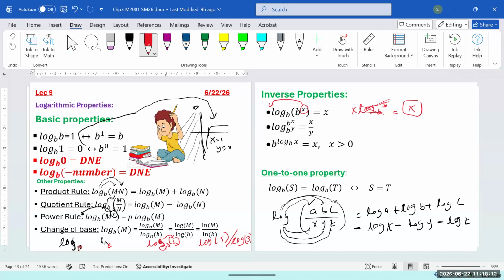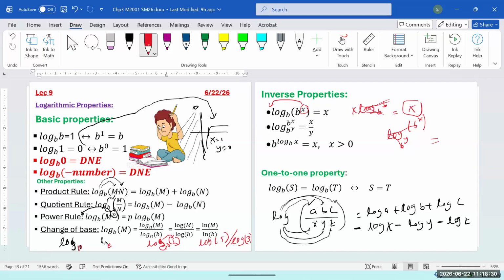The next one says, let's say you have multiple powers. Your base itself has one power, and the argument has another power. If the base and the argument are the same number, you can cancel all of them out.